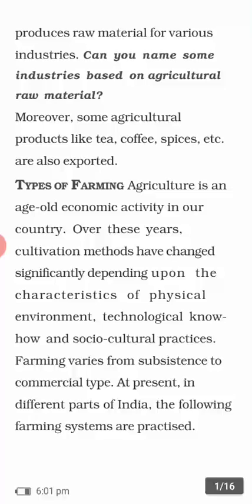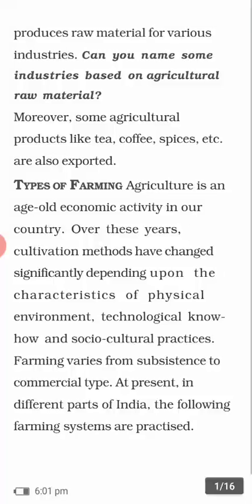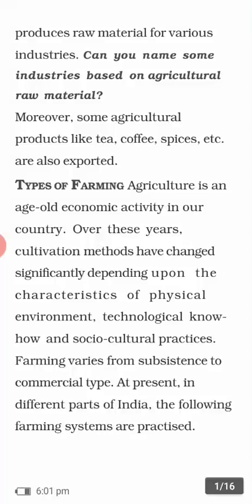Okay, so let's move further and understand the types of farming. Types of farming, students, actually means the types that agriculture people, I mean the farmers, take, like how they cultivate and for whom they cultivate. This is the topic.